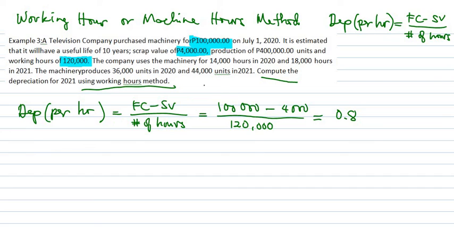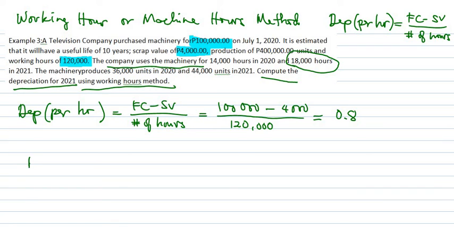Now, since the problem is to compute the depreciation for 2021, we have to determine the number of hours the machinery was used in 2021. The company uses the machinery for 14,000 hours in 2020 and 18,000 hours in 2021. So we will be using the number of hours.